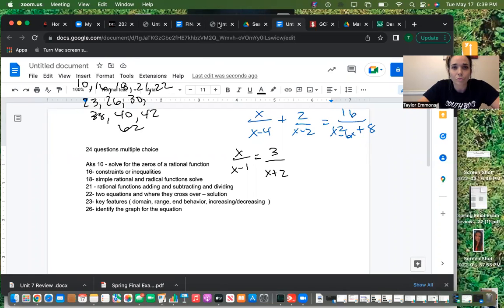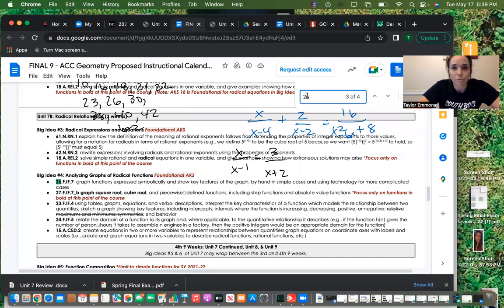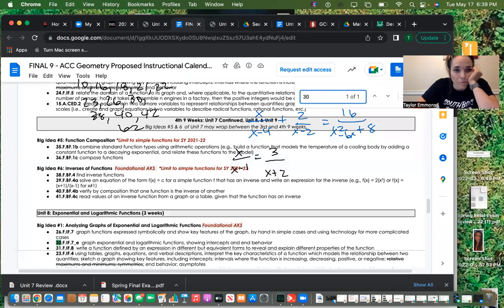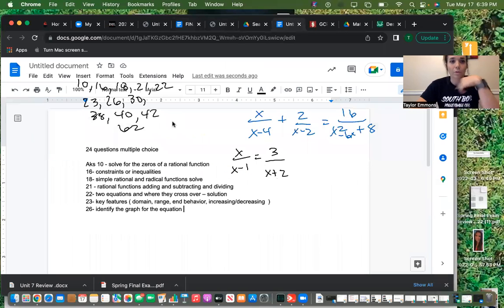30. Graph exponential and logarithmic functions and show intercepts and end behavior. Okay.